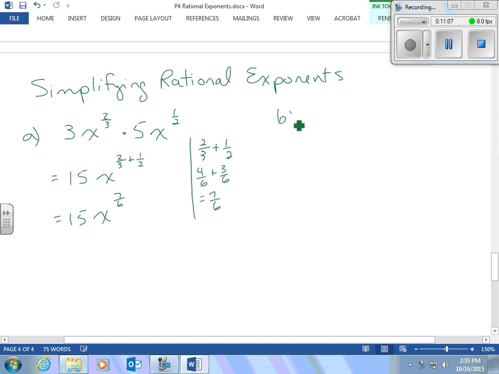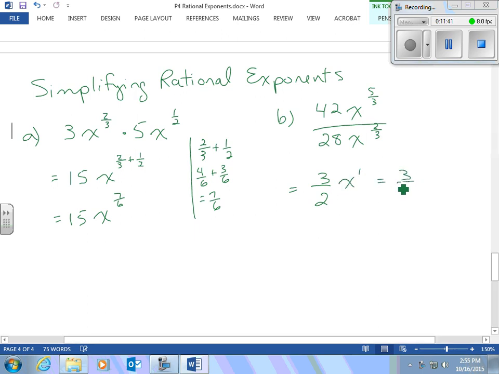And a second example, I've got 42x to the 5/3 divided by 28x to the 2/3. And if I simplify that, 14 goes into 28 twice and into 42 3 times. So I've got 3 over 2 as far as my coefficients go. And then for my x, I've got 5/3 take away 2/3, which is 3/3. So that'll be x to the power of 1.